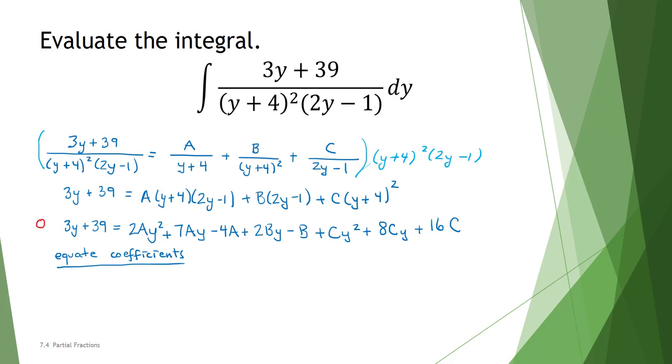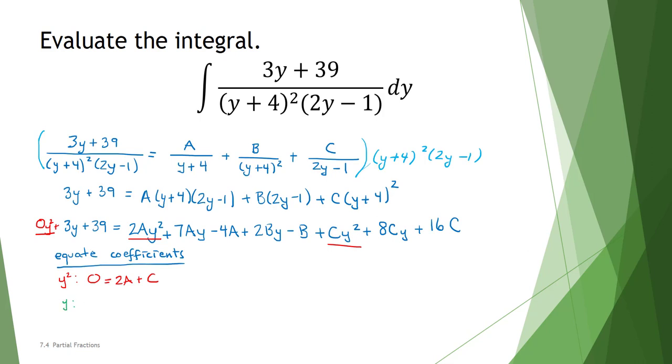So on the left side, we can imagine 0y squared in front here. So if I equate the coefficients on y squared on the left and right sides, then the 0 from the left side must equal the 2A plus the C from the right side.